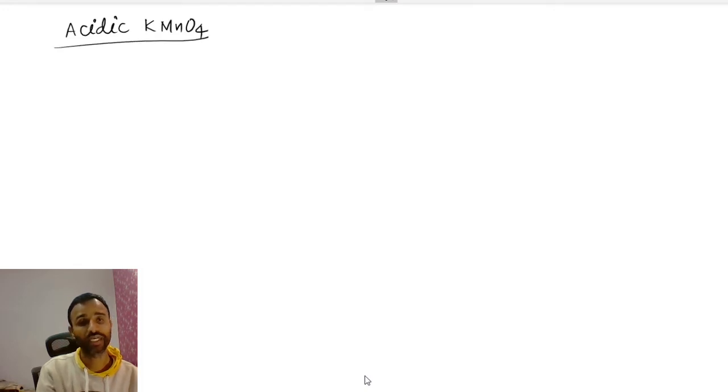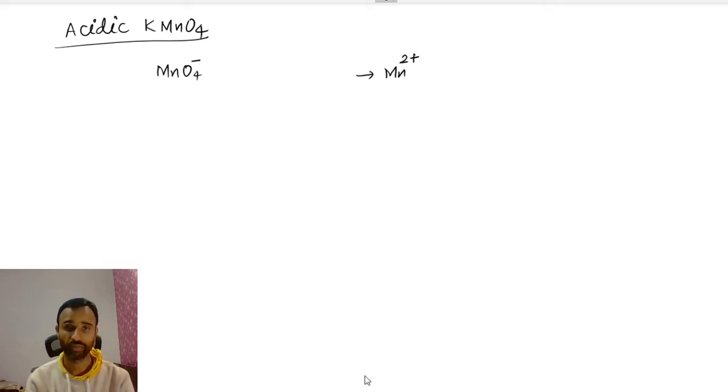In acidic KMnO4, the active ion is MnO4 negative. MnO4 negative ion will give Mn2 plus ion in acidic medium. So just balance it. Manganese is balanced. Add H2O to the side deficient of oxygen, so 4H2O, and double the number of H plus ions to the opposite side to balance it.